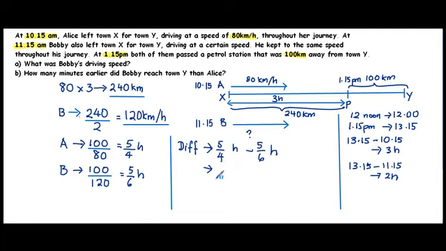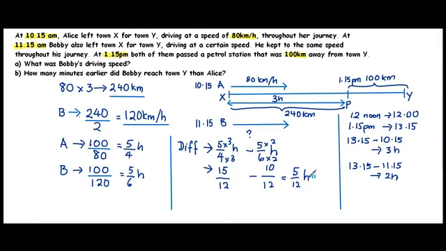This would give us a common denominator of 12. 12 multiplied by 3 gives 15, and we multiply by 2, which gives 10. The answer would be 5 over 12 of an hour.